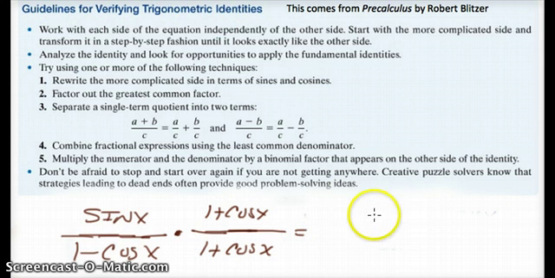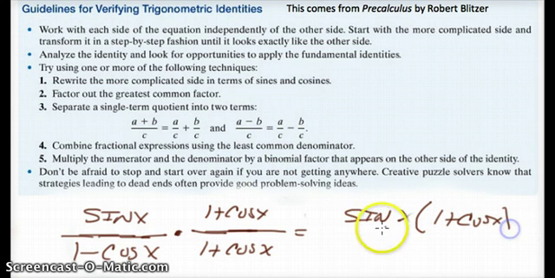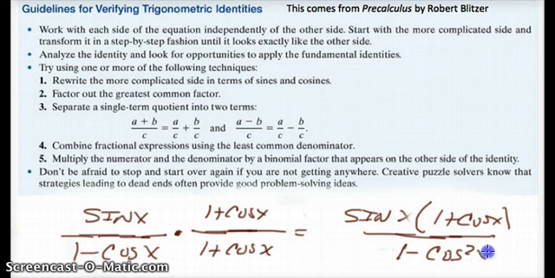And when I do that, of course, the top is just sine x times 1 plus cosine x. Now remember, the bottom's going to be 1 minus cosine squared x.